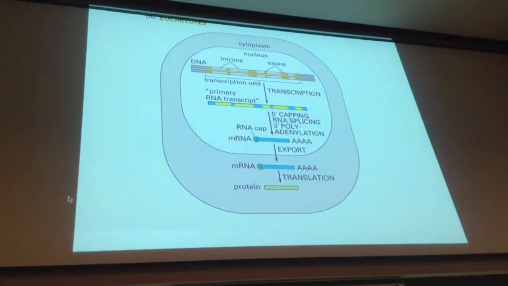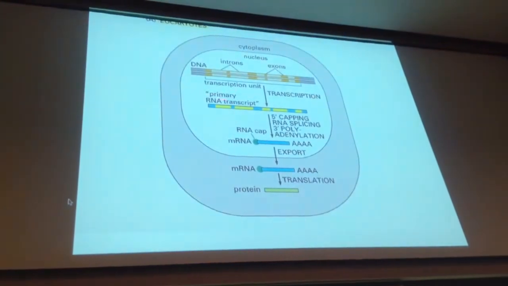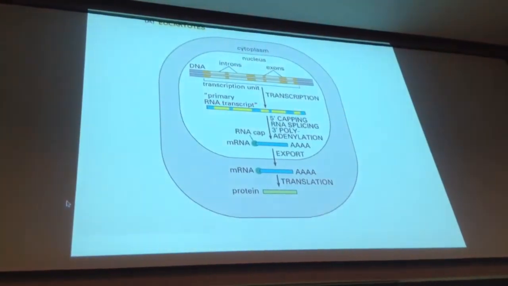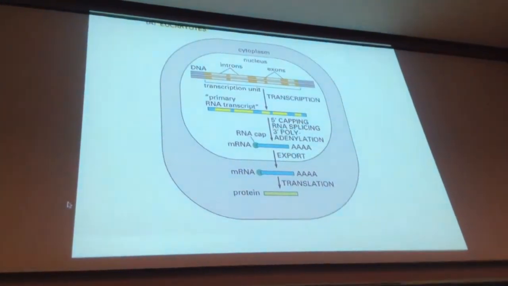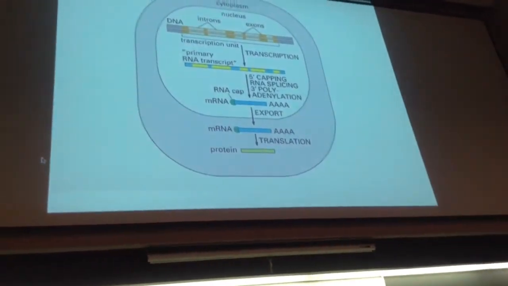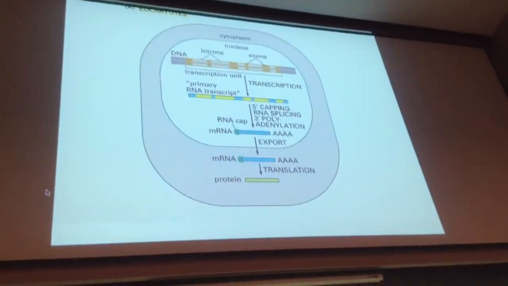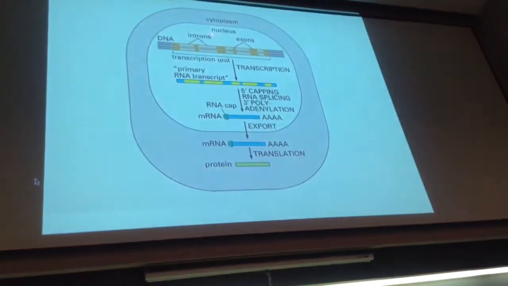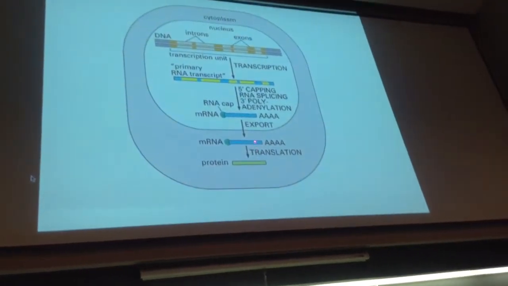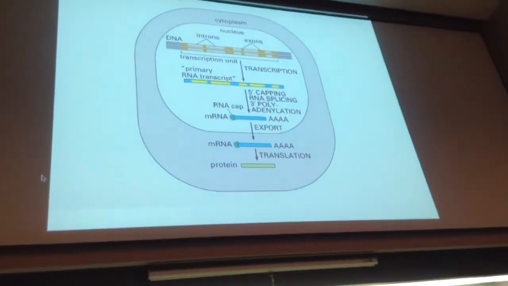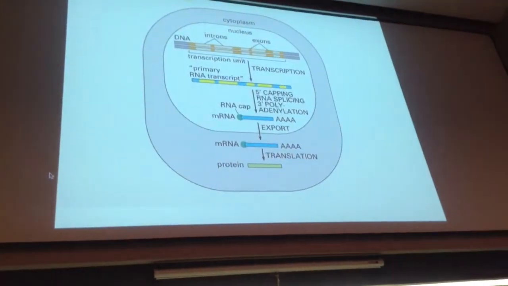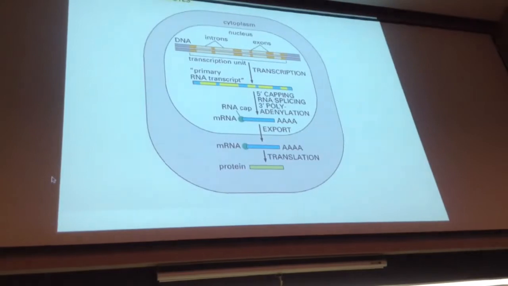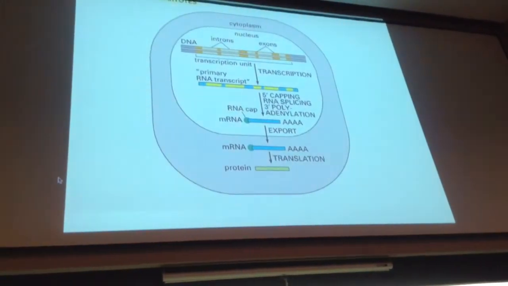For the next day we're going to talk about this primary transcript and what it looks like, and what happens to it before it gets out into the cytosol to get translated. Don't forget, transcription is DNA to RNA, translation is RNA to protein. Don't mix them up, because I'll use those words in a quiz, and if you don't know them, you'll miss them. Okay, so transcription of the RNA.